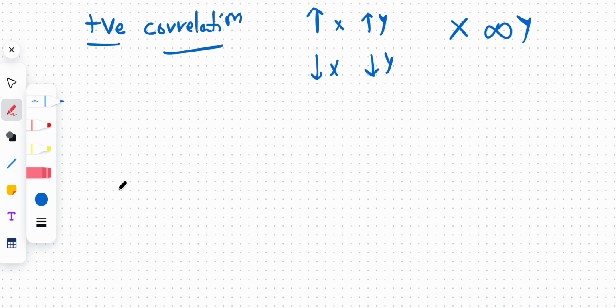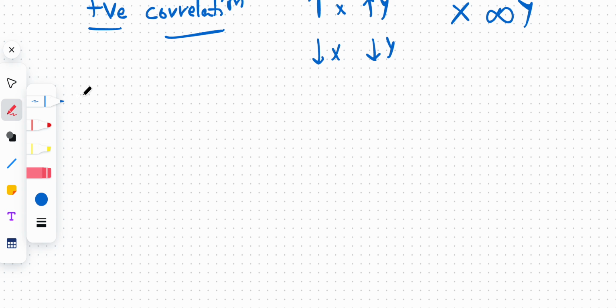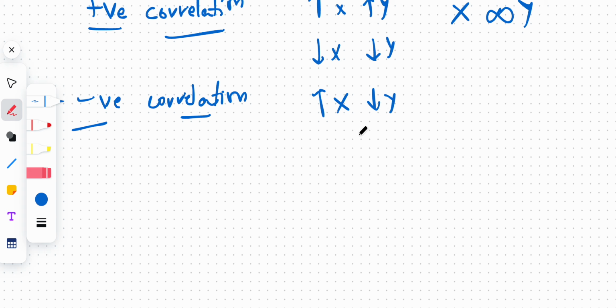Then the other kind of relationship is negative correlation. Now that would mean their direction of change is opposite. So one is moving upwards, the other is moving downwards. Or if one is decreasing, then the other is increasing.